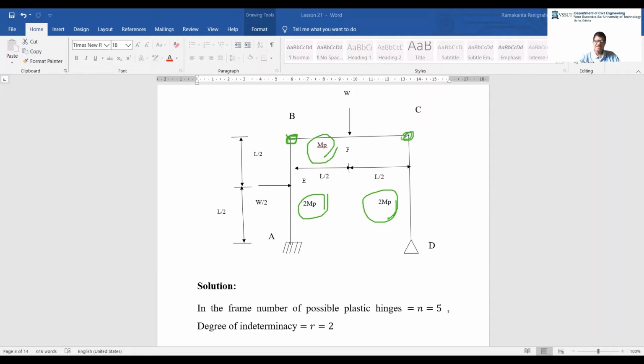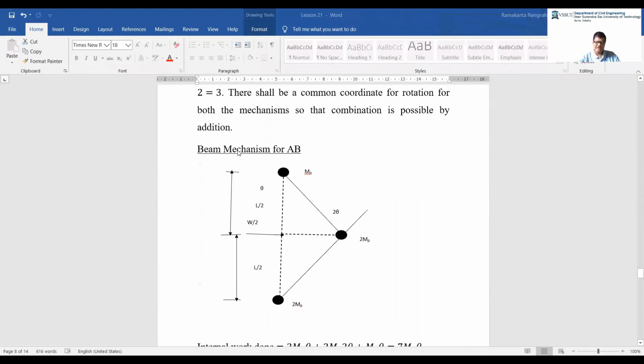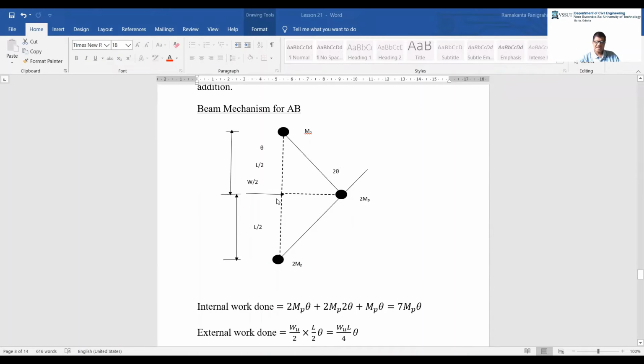Here also at C, the lesser value will be Mp. So accordingly, you have to calculate this moment capacity. Okay. Now see, it's 2Mp here, right? 2Mp here, Mp here, 2Mp here.